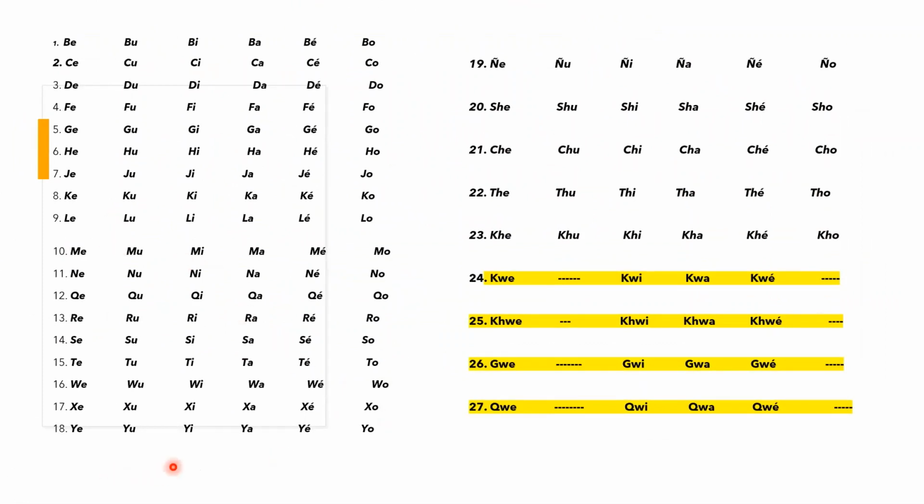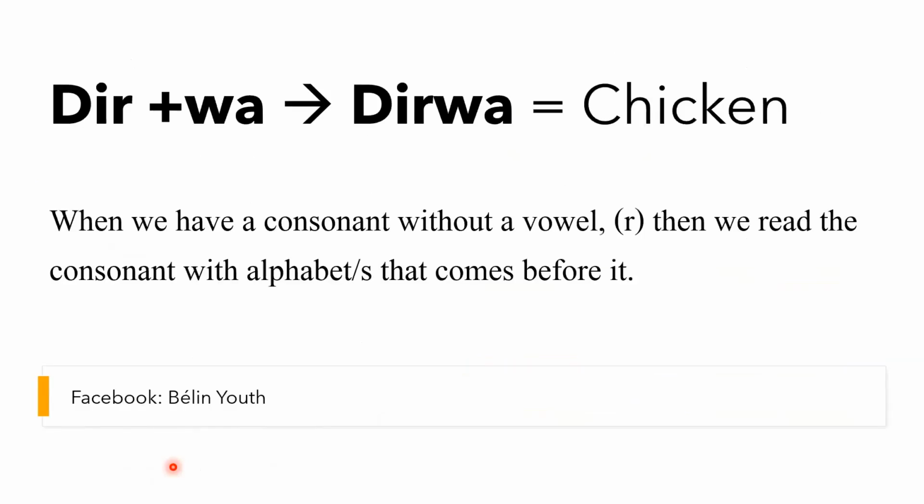Now that we know how they are pronounced, I think we can make words. Okay, here we have a word that is di, ru, wa, and together it becomes dir, wa. So I have a little confession to make.